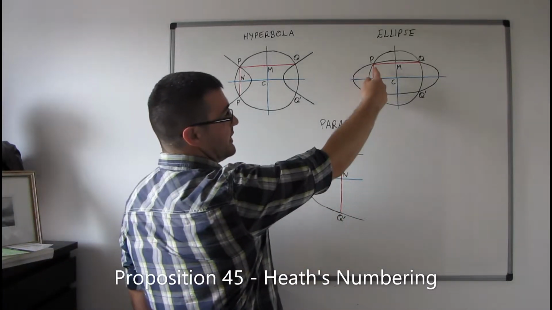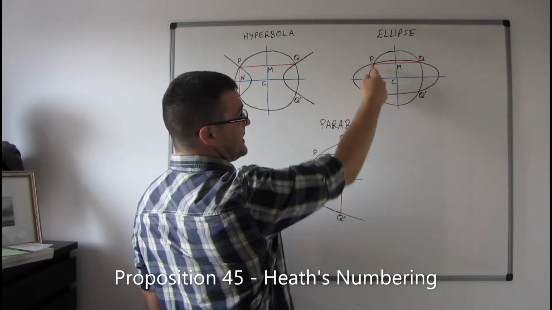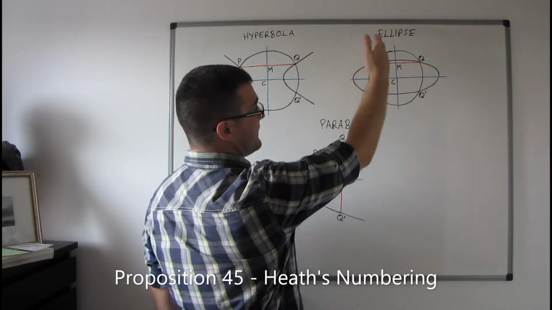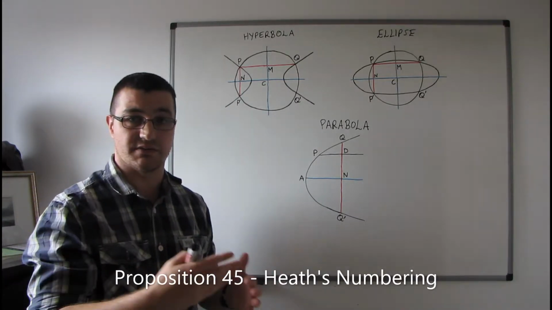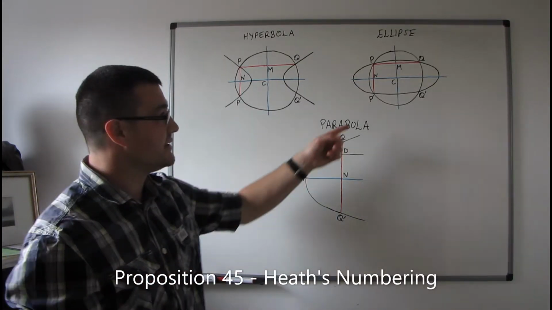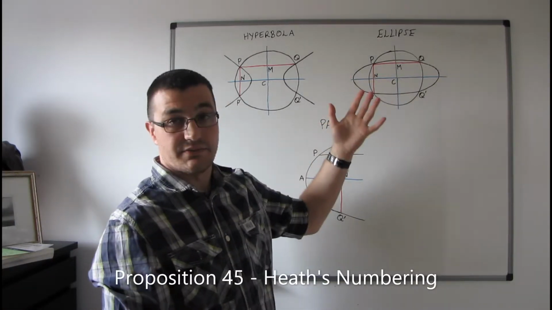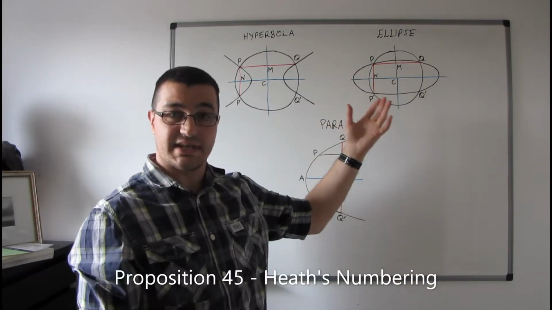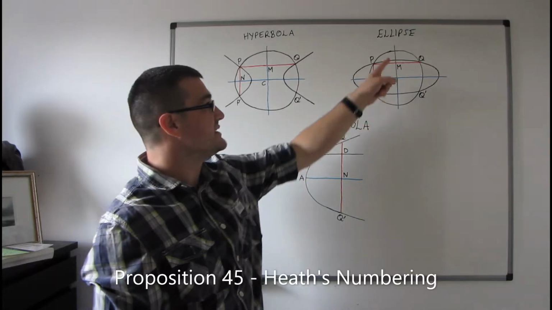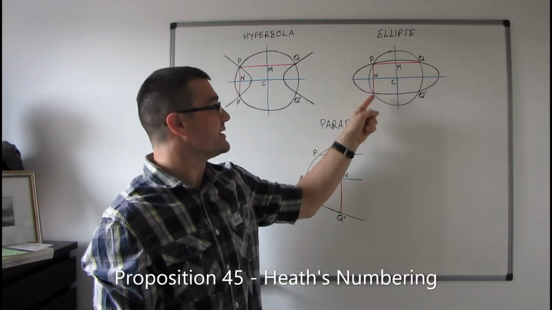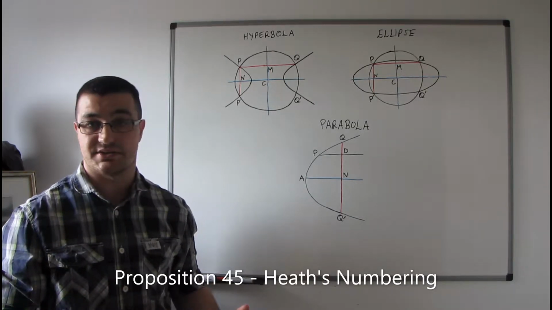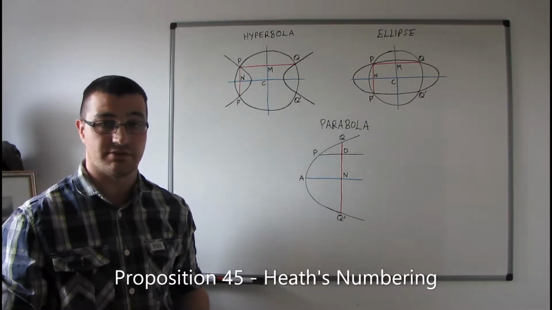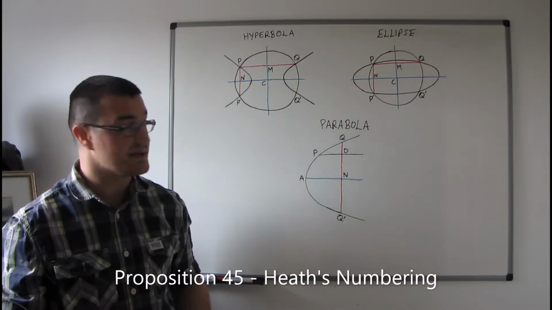And again, we form the chords PP' and PQ and find the perpendicular bisectors. Perpendicular bisectors of chords of a circle pass through the centre of the circle, which in this case is also the centre of the ellipse. So these blue lines here, which are the perpendicular bisectors of PP' and PQ, must be diameters, because any lines passing through the centre of an ellipse are diameters.